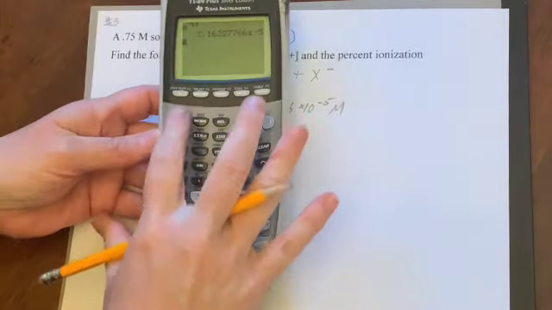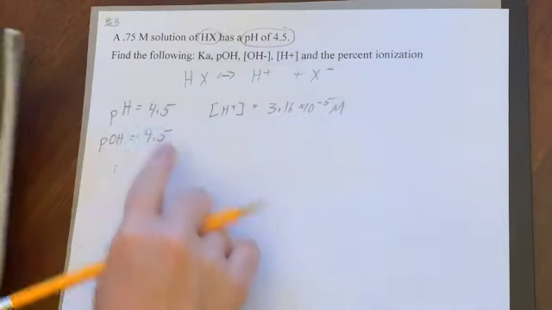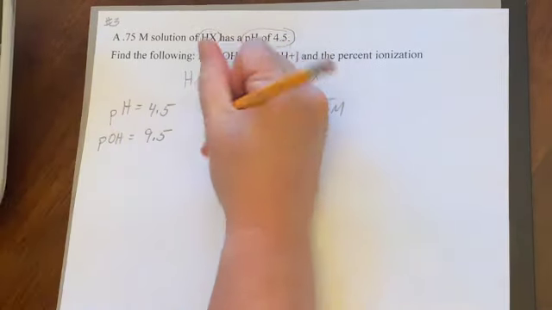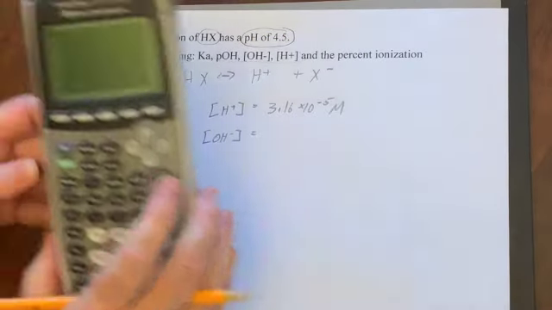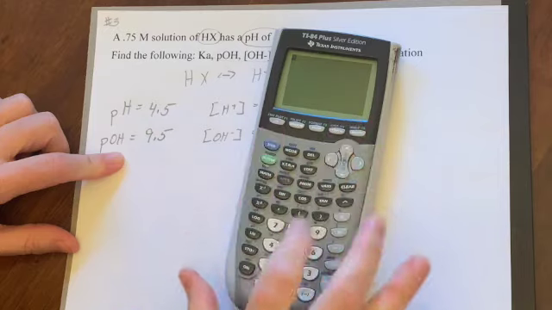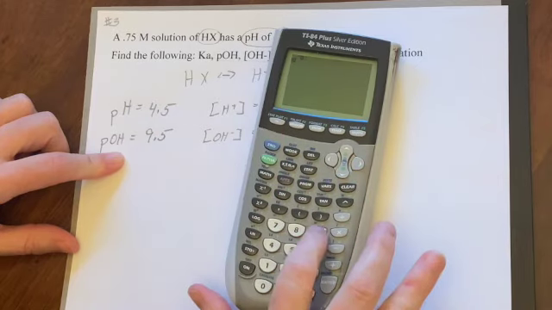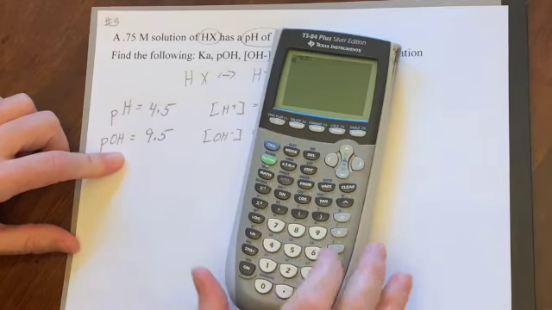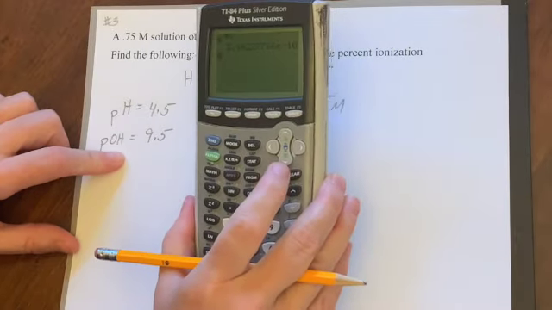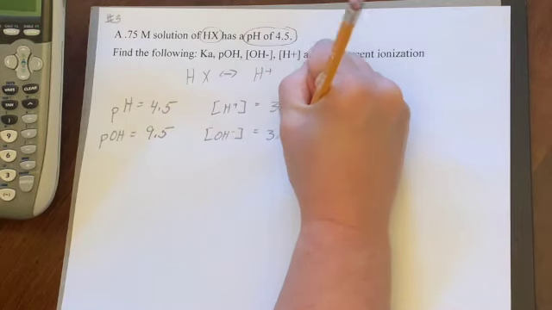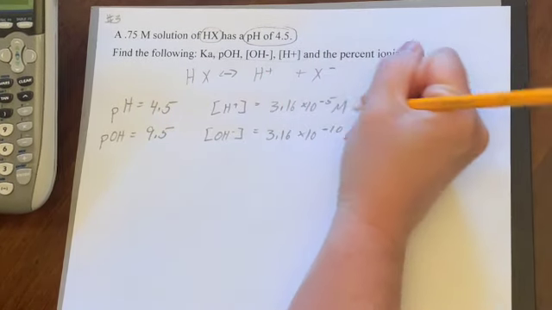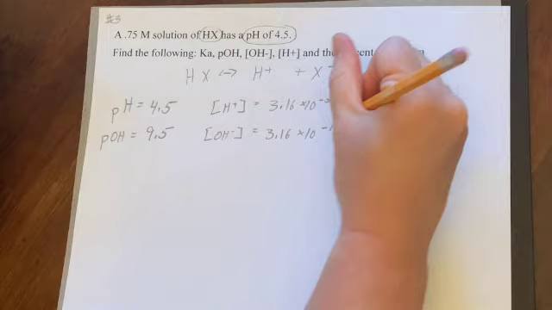Again, I had second log negative what your pH was. To find your hydroxide ion, we're going to do the same thing, but with the pOH. So second log negative 9.5, and that gives us 3.16 times 10 to the negative 10th molar.